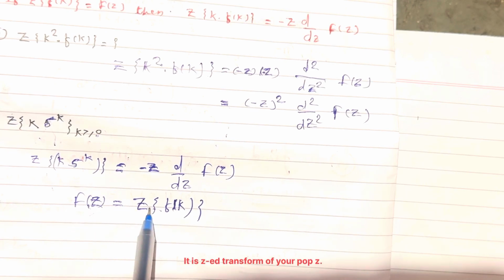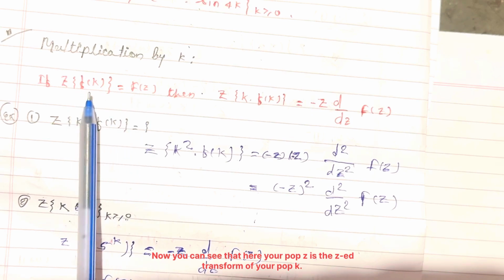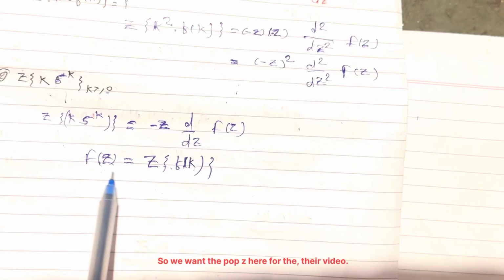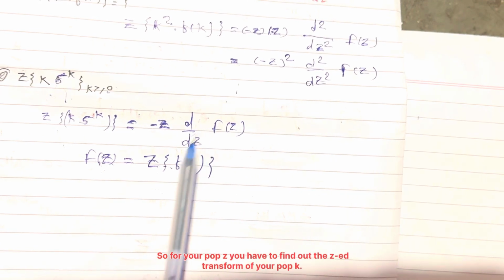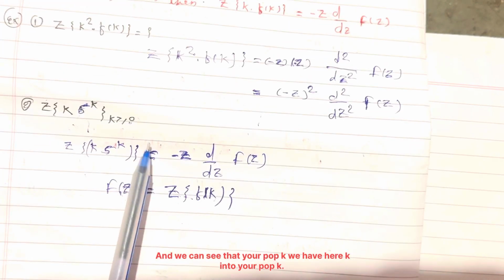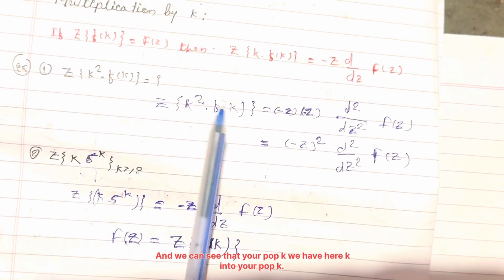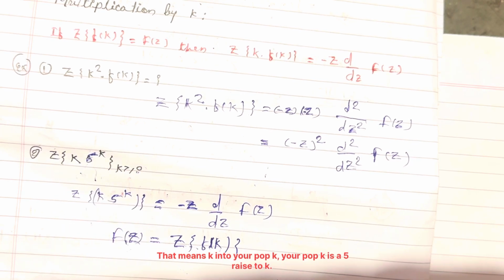We represent z transform of f of k as f of z. Now you can see here f of z as a z transform of f of k. So we want the f of z here for the derivative. For f of z you have to find out the z transform of f of k, and we can see that we have k into f of k here, where f of k is 5 raised to k.